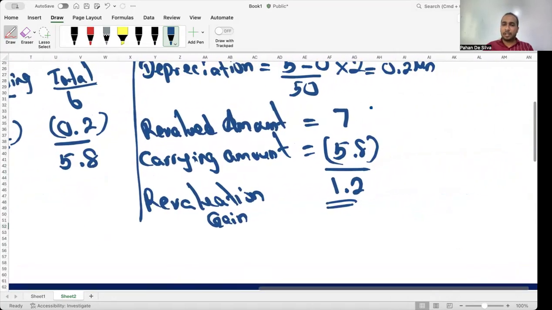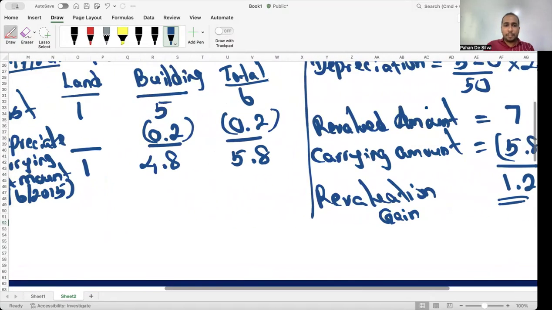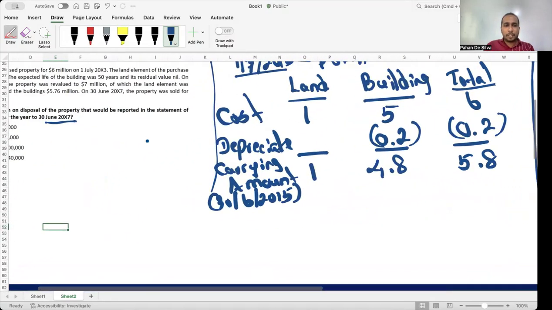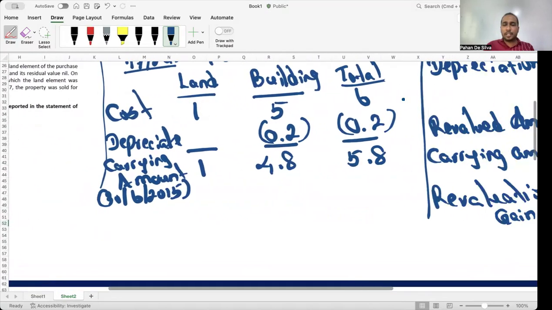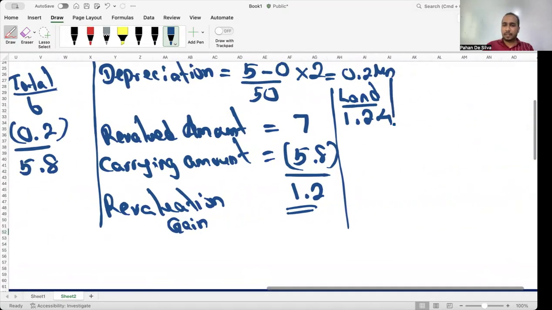When it comes to land, as per the question, the land element is 1.24. If we separately revalue the land, the revalued amount is 1.24. If we separately revalue the building as per the question, it is 5.76 million.